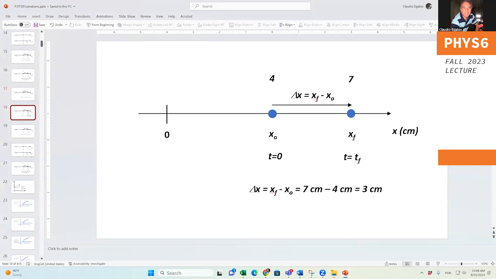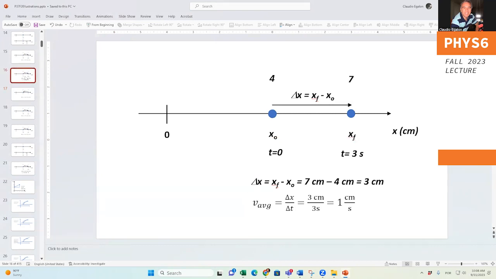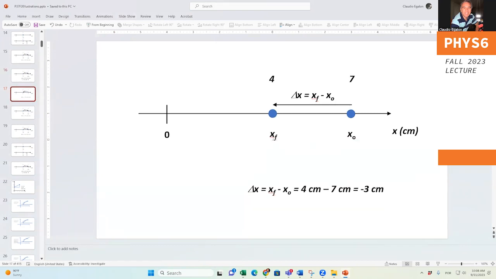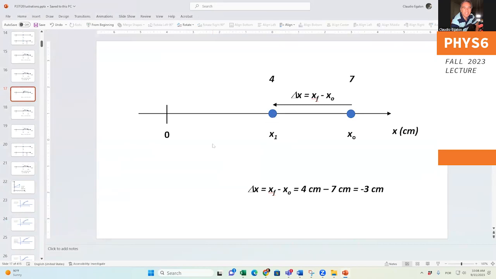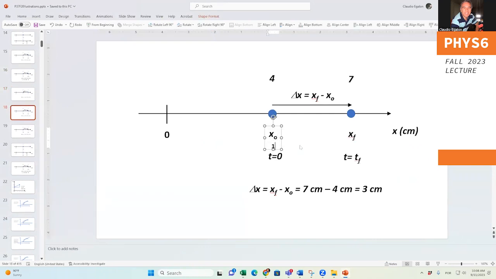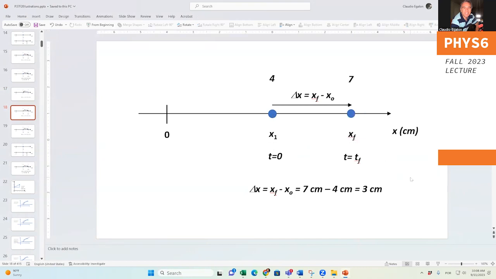Consider this case, and I'm not going to call it XF, I'm going to call it X1, okay? At time t equal to 0. And then from X1 to this position, goes back to its initial position. Now I'm calling it XF, okay?